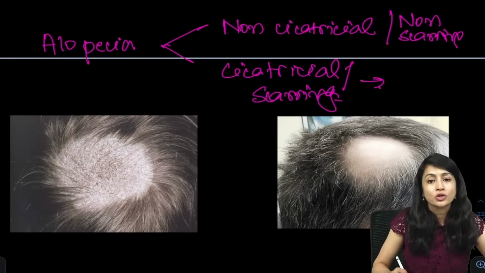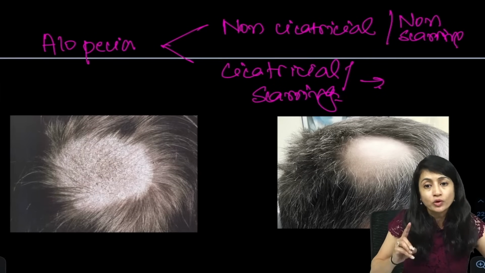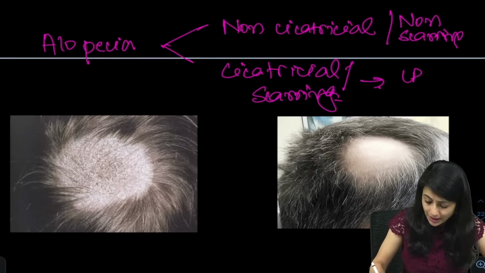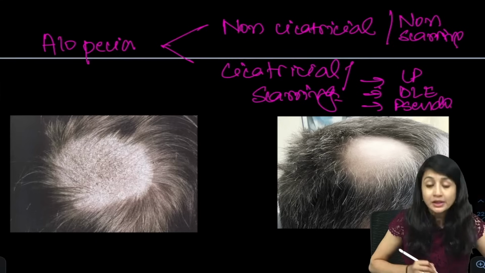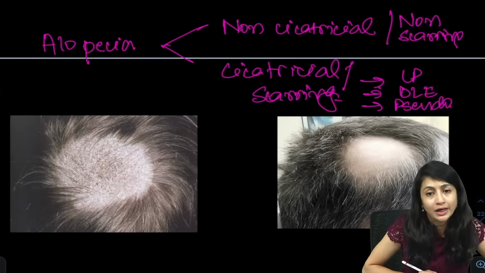For cicatricial or scarring alopecia, the important causes that you should remember are LP, DLE and pseudopelade of Brocq. LP, DLE and pseudopelade of Brocq.